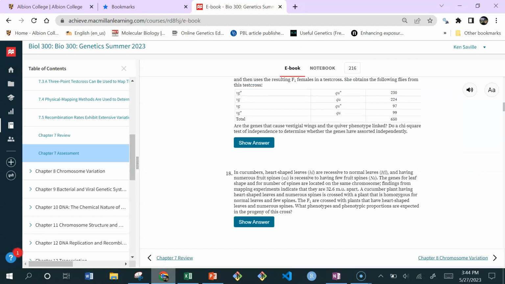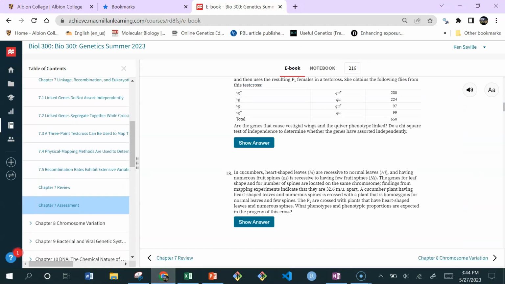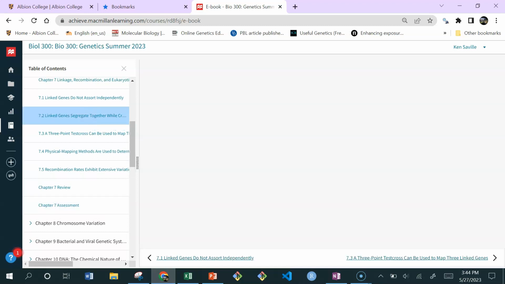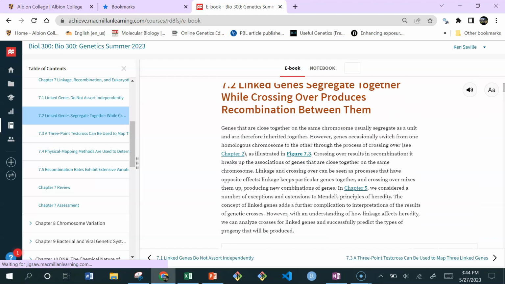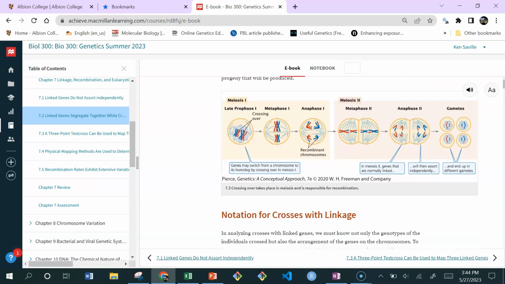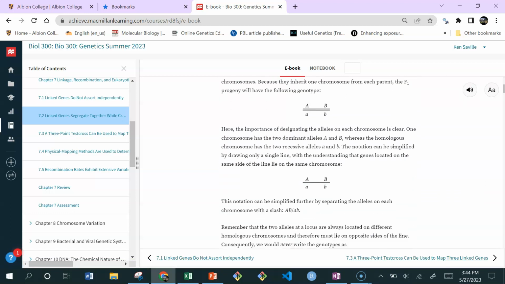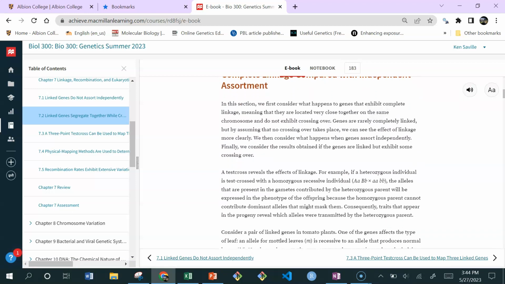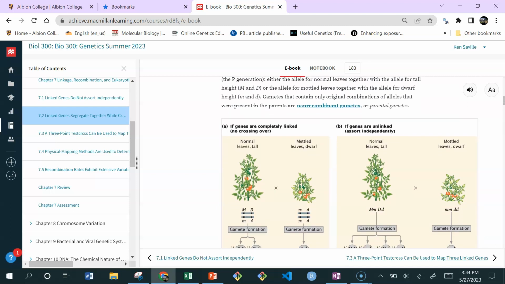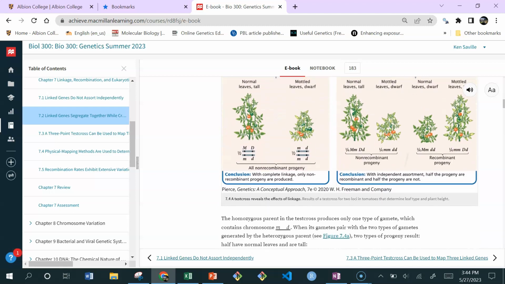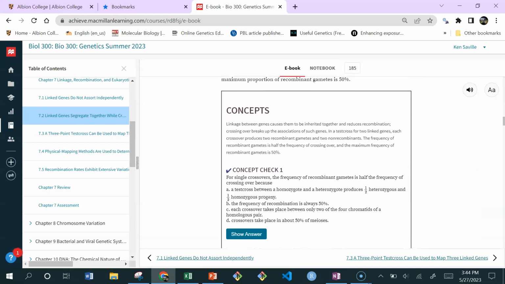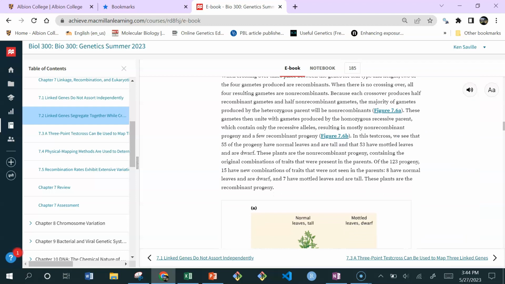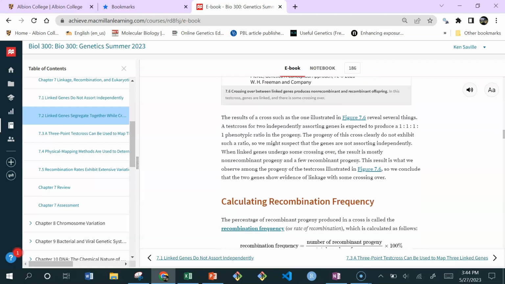We could do one of these problems, but let's go back up here. We'll draw the chromosomes in a minute. There's complete linkage. There's one of their examples. But I'm going to get down to the mapping part, which for some reason they do at the very end.